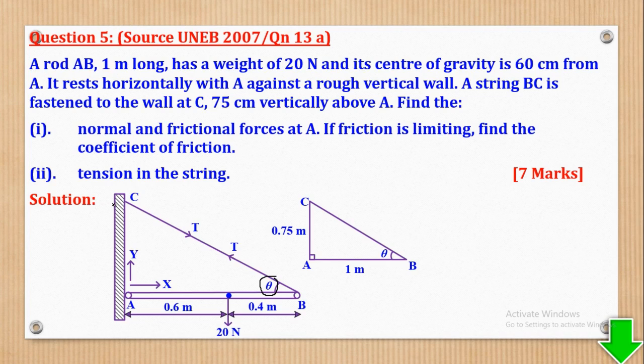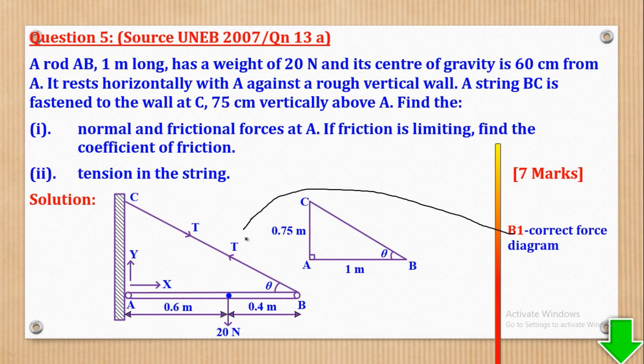So we know this distance was 75 centimeters, which is 0.75, and this AB was 1 meter. So this is a right angle triangle, meaning I can use Pythagoras, I can use SOHCAHTOA. So before I go to the next slide, B1 is for the correct force diagram.